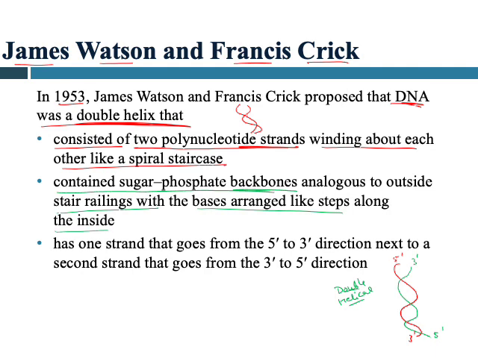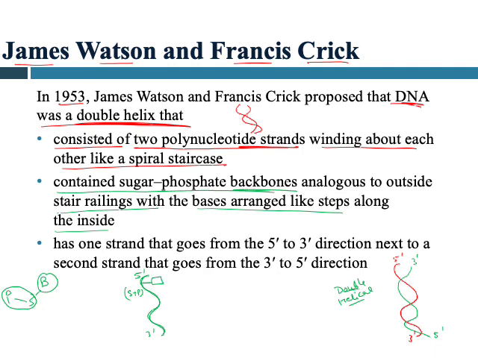So let me show you over here. This is one polynucleotide, this is the 5 prime end, this is the 3 prime end, and this polynucleotide is made up of what? Base, sugar and phosphate, right? So this sugar and phosphate is like a backbone. This backbone is made up of sugar and phosphate, and the bases are coming outside from this polynucleotide.